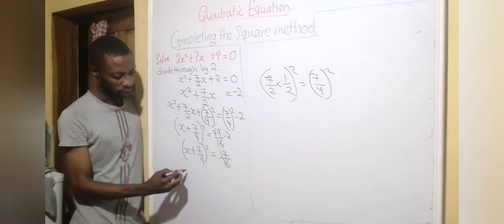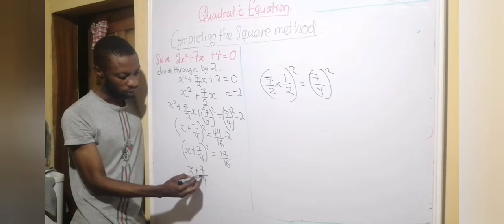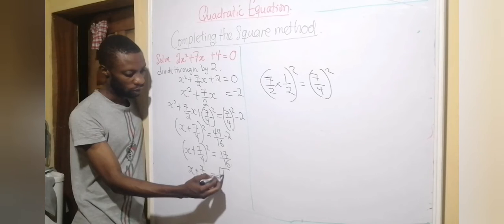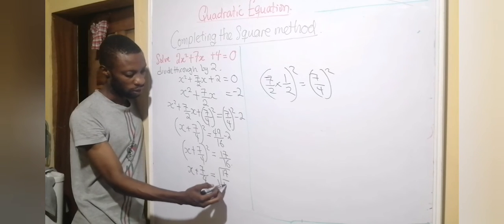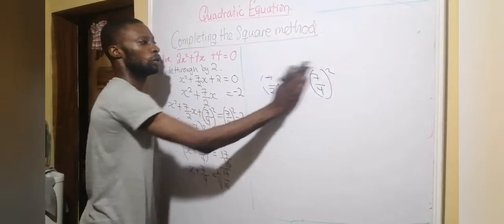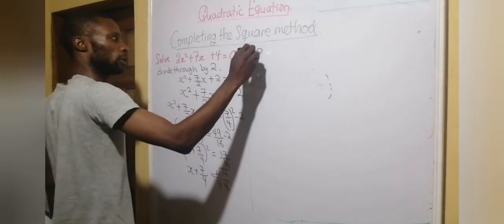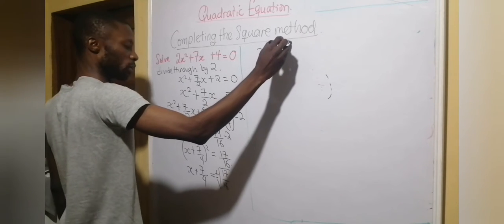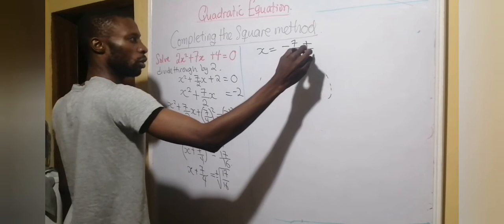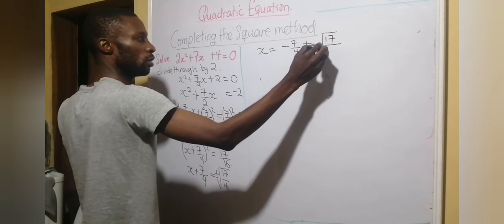So we have x plus 7 over 4 is equal to plus or minus the square root of 17 over 16. So you also have x is equal to minus 7 over 4 plus or minus the square root of 17 over 4.